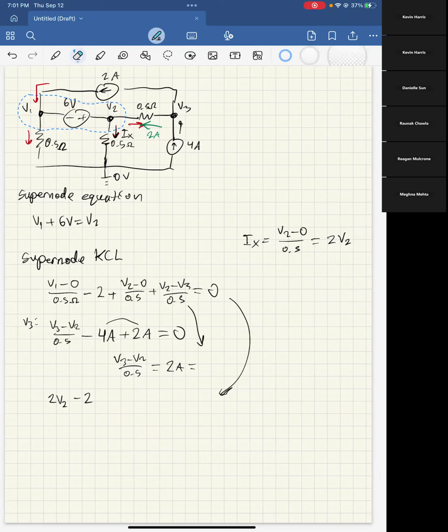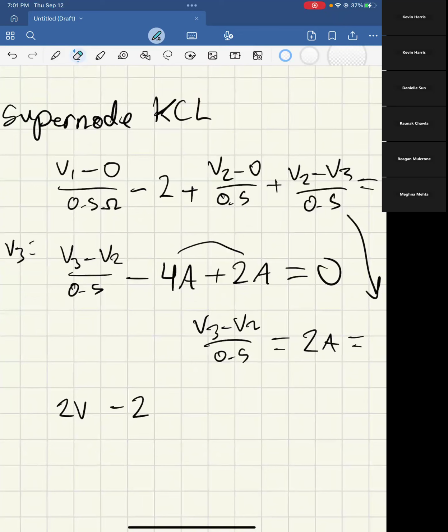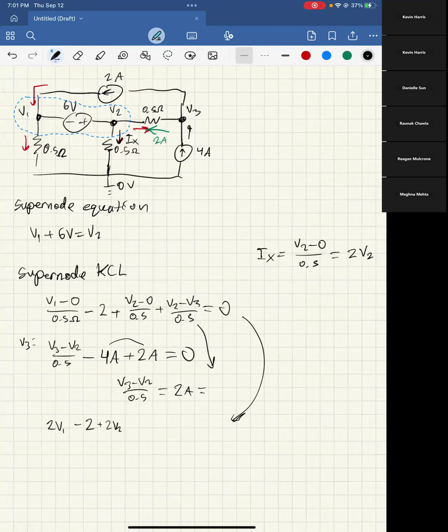I wrote V2, I should have said V1, sorry. 2V1 minus 2 plus 2V2, and then we just said that V3 minus V2 over 0.5 is 2 amps, so that would say that V2 minus V3 over 0.5 is going to be minus 2 amps. And that equals 0.